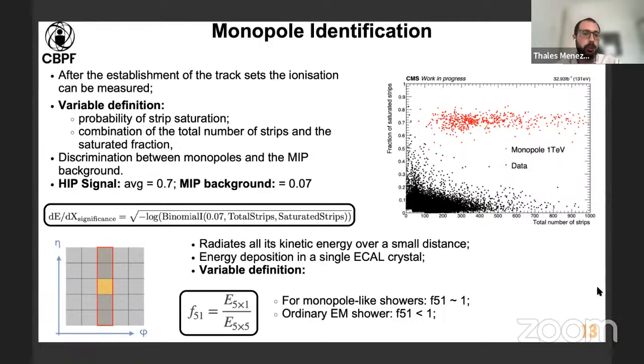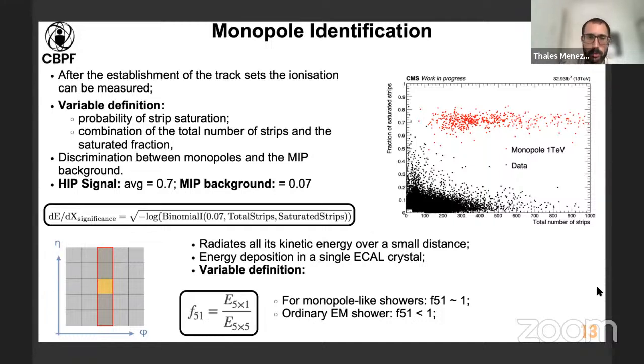You can see there is a clear and significant difference between the two quantities, and we should explore this difference with some approach, which in this case is the definition of a variable that takes into account the probability of strip saturation, which is different for the two sets of particles. This variable combines the total number of strips available with the number of those saturated by the passage of the monopole.